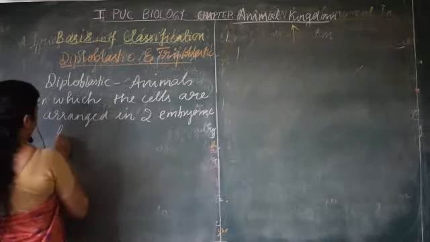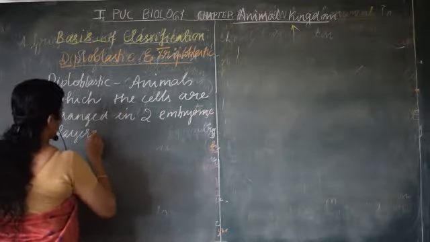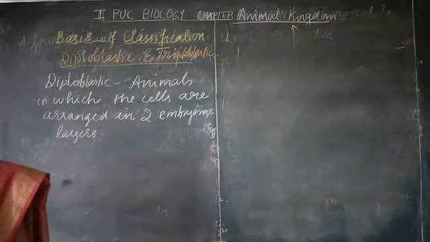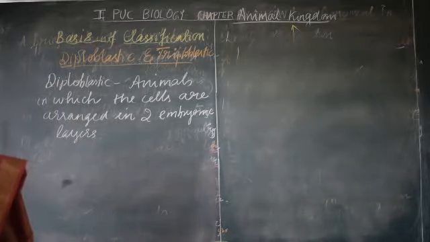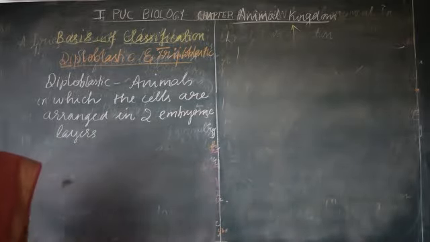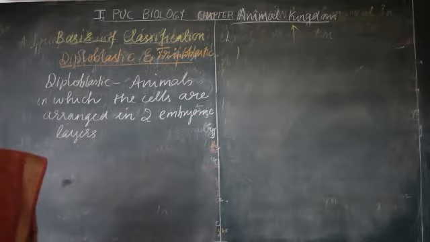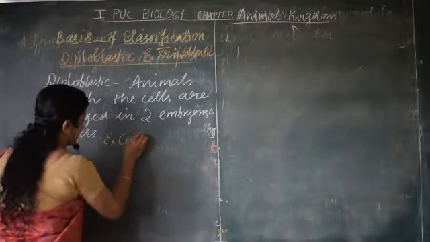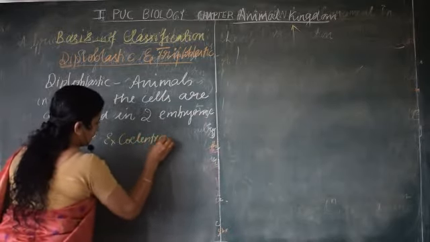Then it is called diploblastic organization, and it is found in animals such as coelenterates. Where can we see this diploblastic organization? It is found in coelenterates.